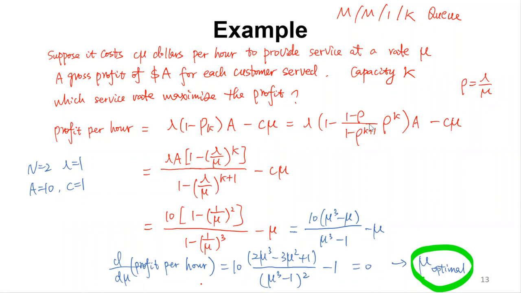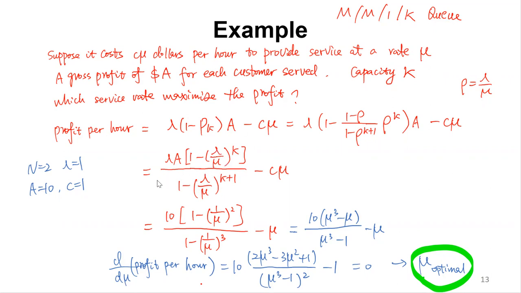If you multiply by this and this, this will become rho^K minus rho^(K+1), so this is 1 minus rho^(K+1). If you put it here, rho^(K+1) and rho^(K+1) cancel. So this will become 1 minus rho^K. So this is where this comes from.